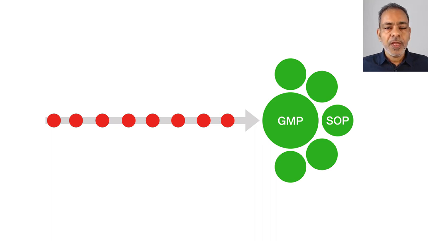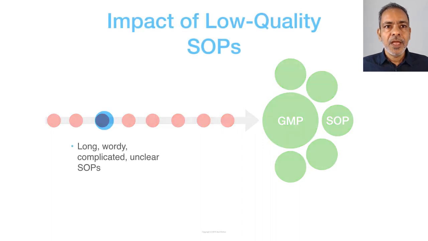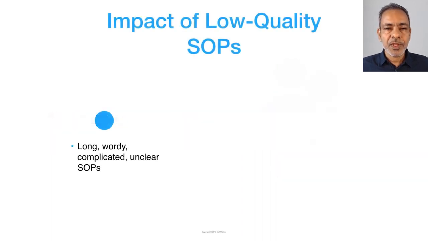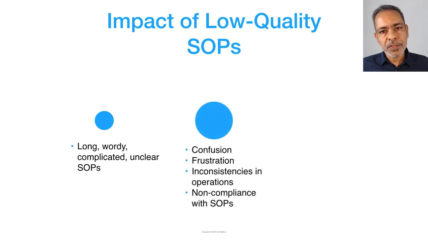Now, if you are someone who writes SOPs or deals with SOPs and can connect the dots between SOPs and GMP and its tragic history, you can probably appreciate why the quality of SOPs matters. If the SOPs are of low quality, long, wordy, complicated, unclear, it leads to confusion and frustration among users.